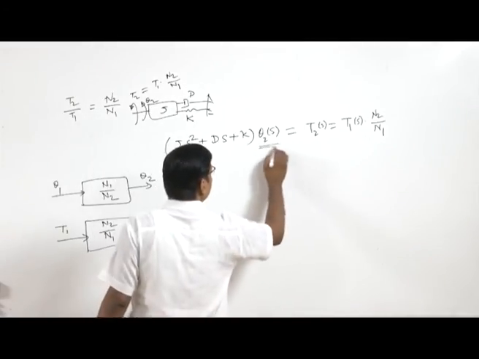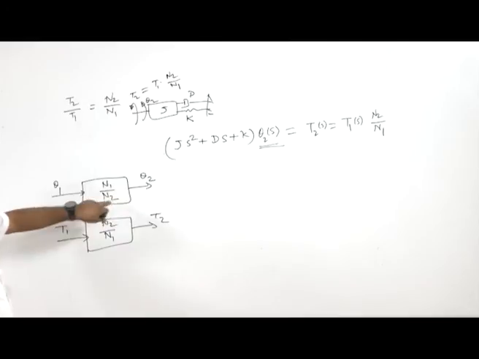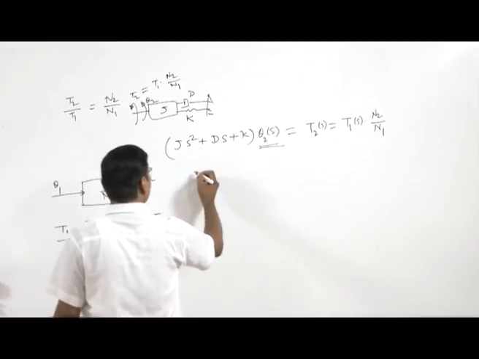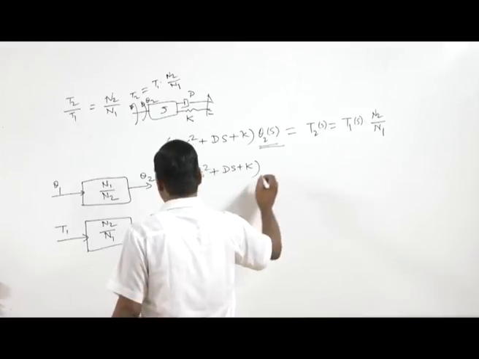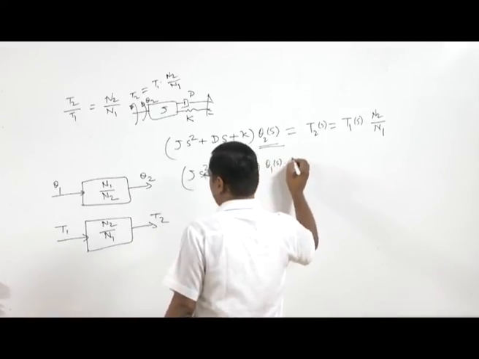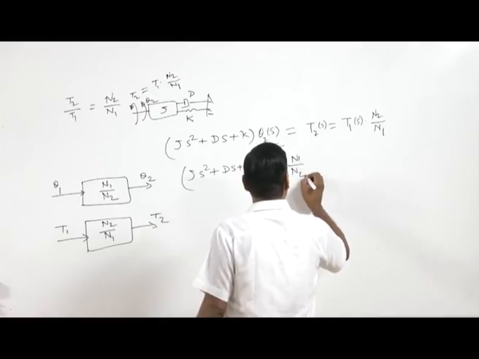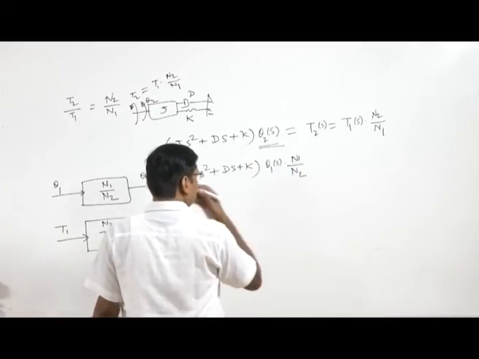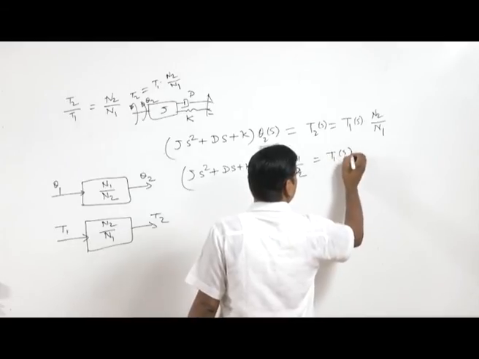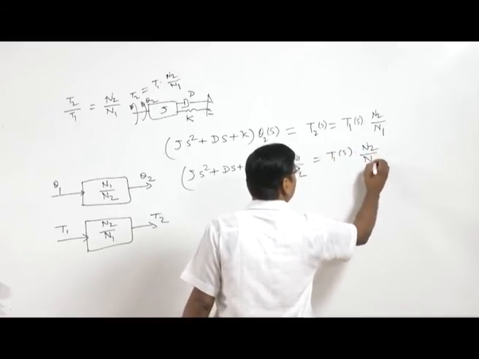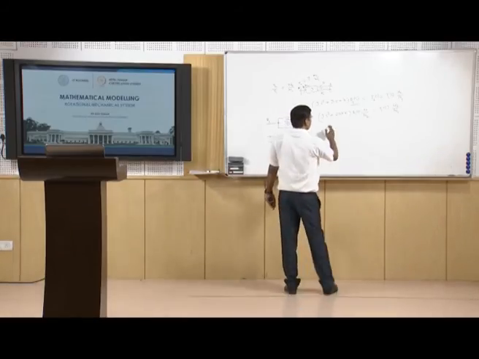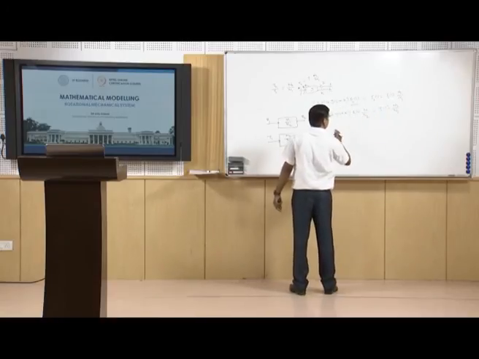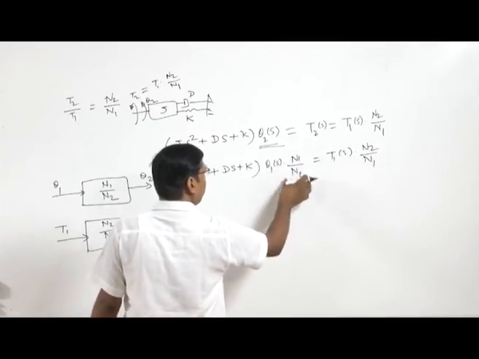This theta 2 s we can write as theta 2 s equals theta 1 into N1 by N2. So Js square plus Ds plus K, theta 1 s into N1 by N2, and that is equal to T1 s into N2 by N1. So here we can take this, and this will be N1 by N2 square.